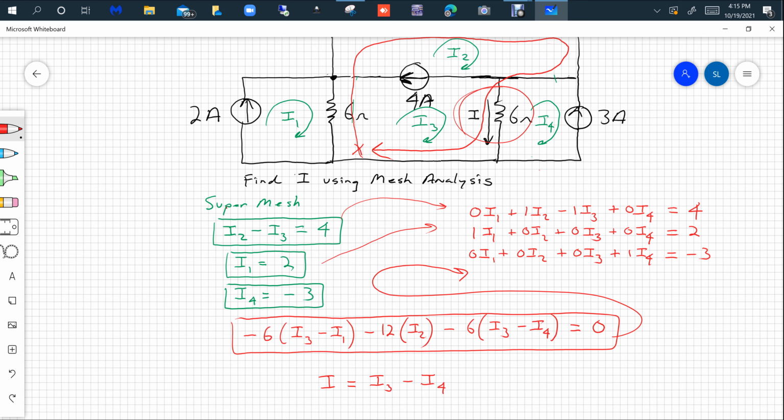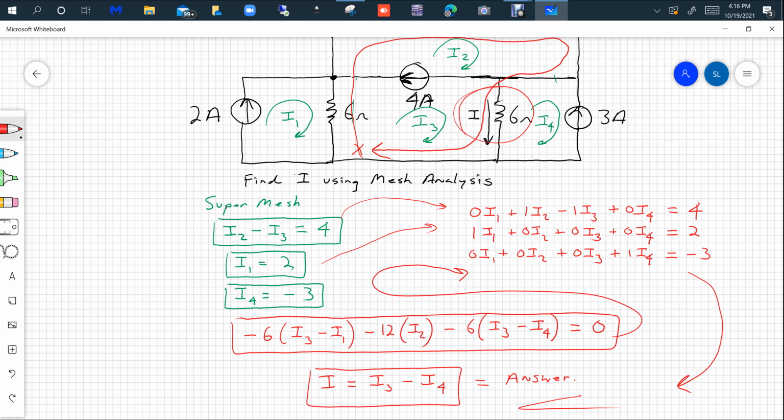And once you solve for I3 and I4, that gives you your answer. So I hope this short video showed you how to work with mesh. Some textbooks call it loop analysis or mesh/loop analysis, and how to handle supermeshes.